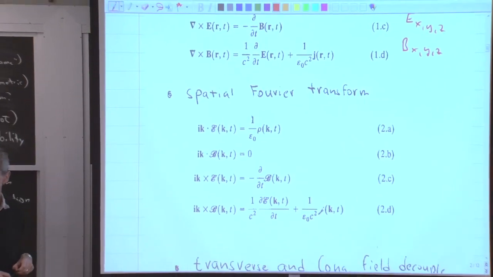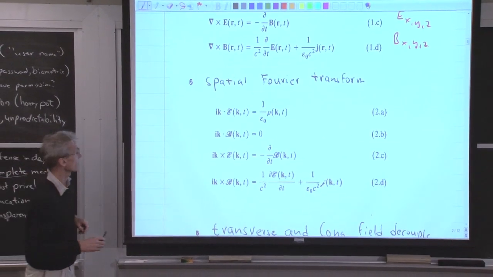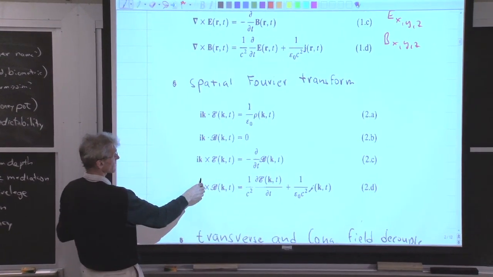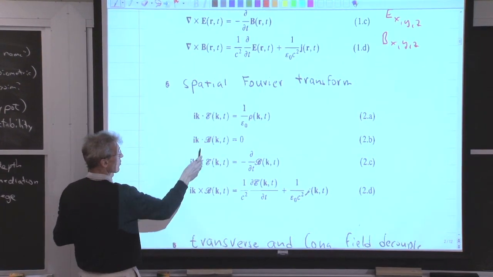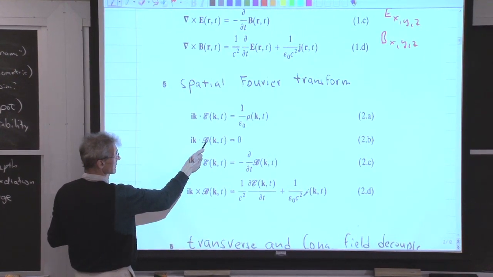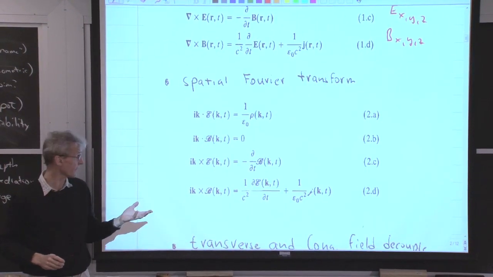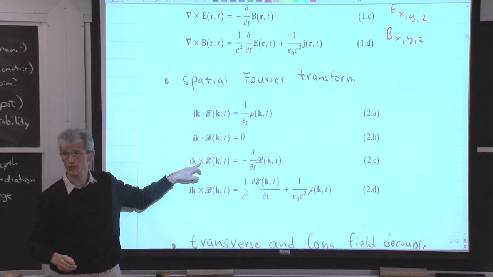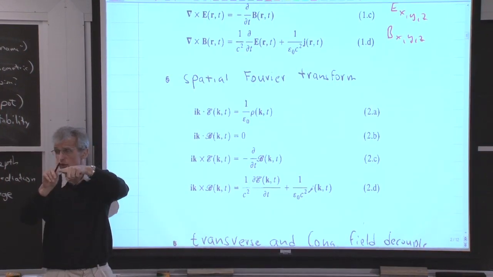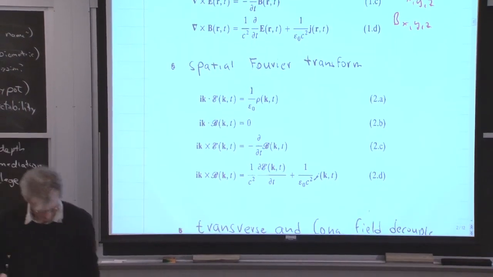And this is now important because we have now separate equations for the component of the electric and magnetic field which is parallel to k, projected onto k. And of course, the cross product takes out the component which is perpendicular to k.